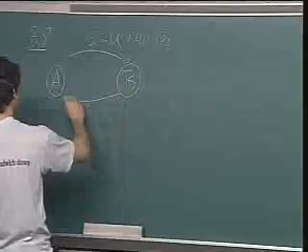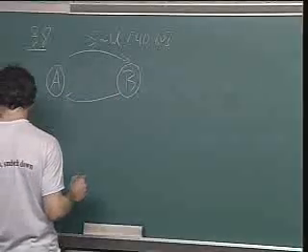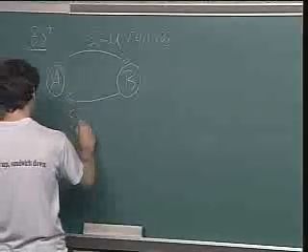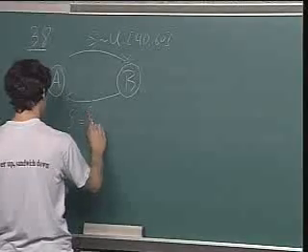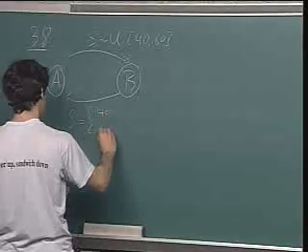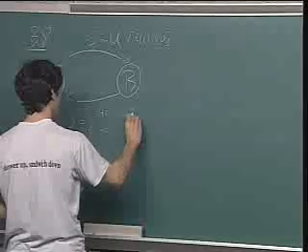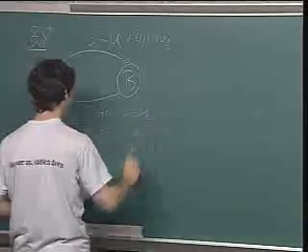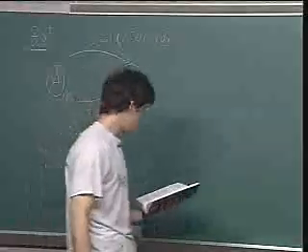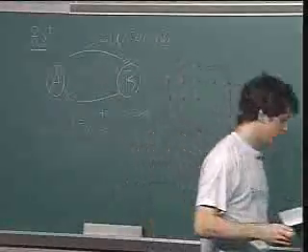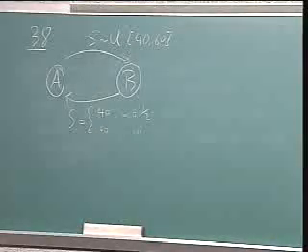And when he drives from B to A, he drives at a fixed speed S, which is equal to either 40 or 60 miles an hour with probability 1/2. And now we're asking a few questions.